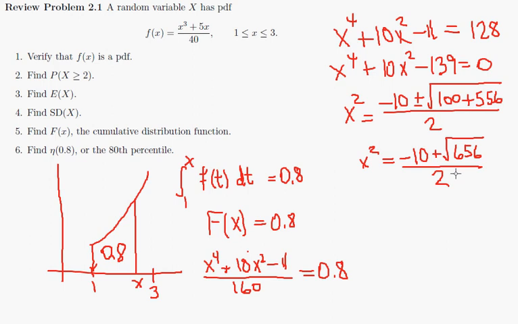So I'm going to get rid of the minus sign. If I put a negative there, I get something that's negative, so that cannot happen. I have to choose the positive entry here. So x squared is equal to, I can pull a 4 out of the square root, and I end up with negative 5 plus the square root of 164.